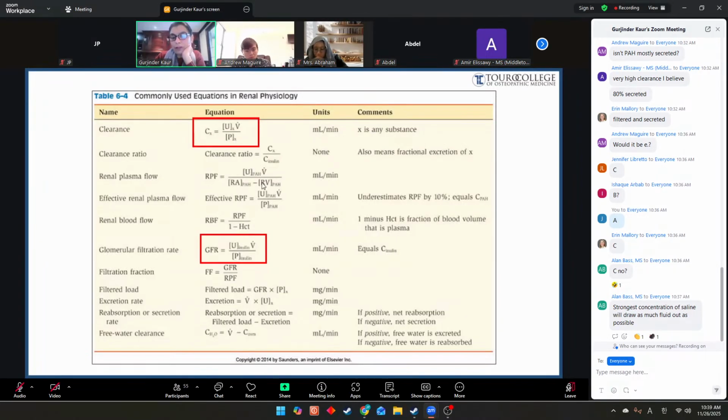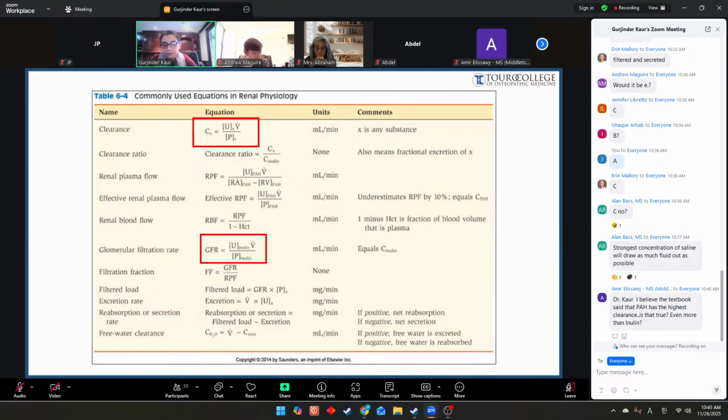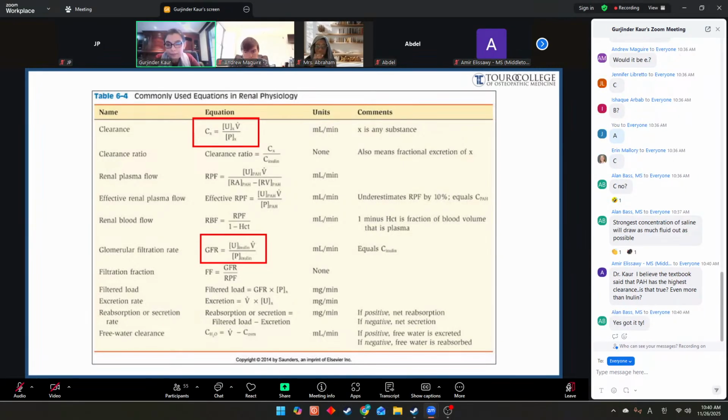All the formulas, if you see, they're basically talking about the same thing. UV over plasma, UV over plasma. This is PAH. This is just any substance that you're talking about. And if you're talking about GFR, this is going to be inulin. Make sense, Ellen? Did you get it?